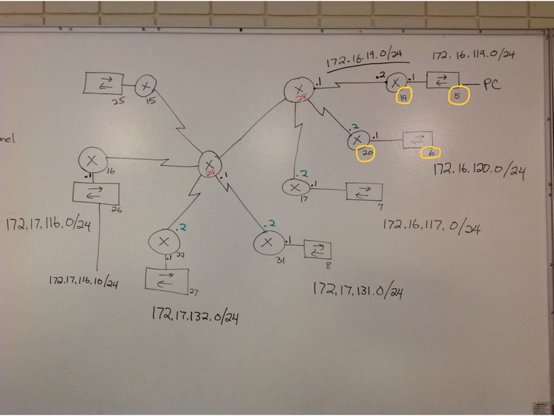Device 6 is a switch, 17 is a router, 7 is a switch, 31 is a router, 8 was a switch, 32 was a router, 27 was a switch, 16 a router, 26 a switch, 15 a router, 25 a switch.